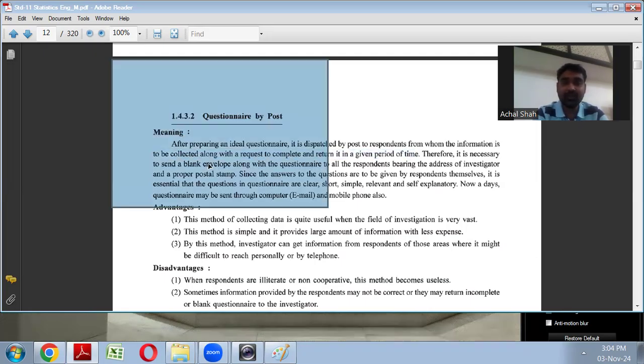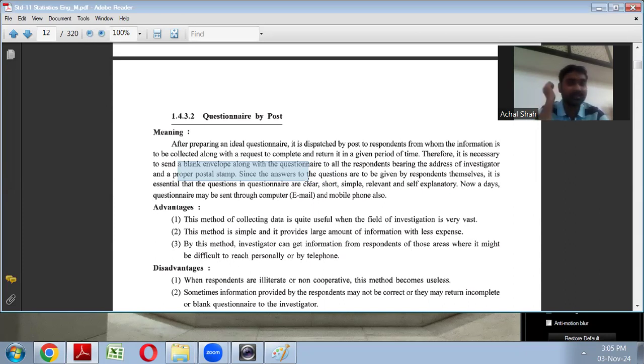So for that, it is necessary to send a blank envelope along with the questionnaire to all the respondents and a proper postal stamp also, because the respondent will expect that at least he should not bear the expense for the questionnaire, right? Because if he is going to send back the questionnaire, he will of course expect that that expenditure should not be borne by him.